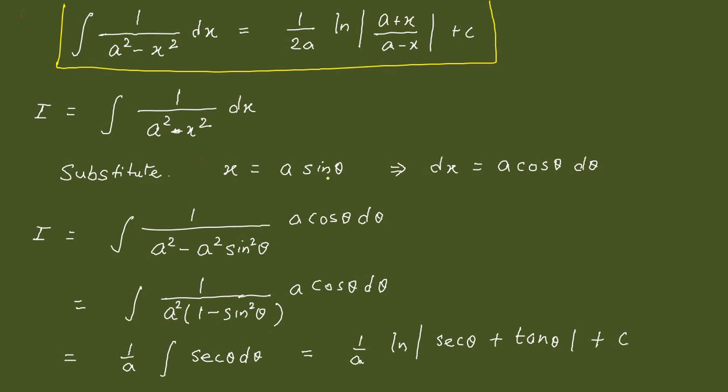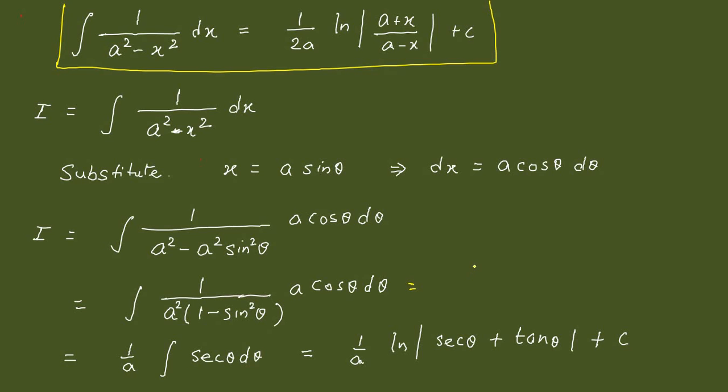So x equals a sine theta, and as soon as we do this, dx will be a cos theta d theta. After substituting this back into the integrand, we will have a square minus a square sine square theta in the denominator, and a cos theta at the place of dx. Now this a square can be taken out, and 1 minus sine square theta can be written as cosine square theta.